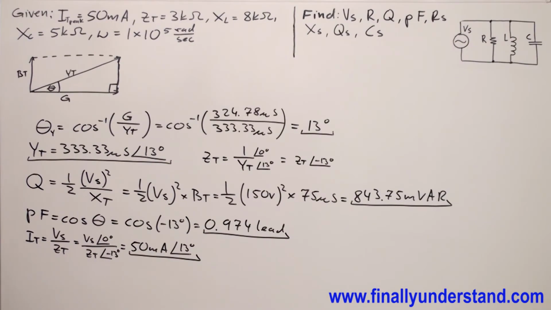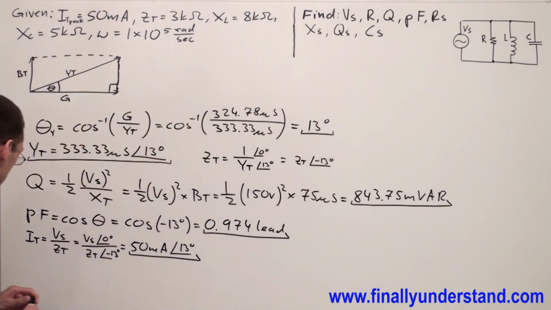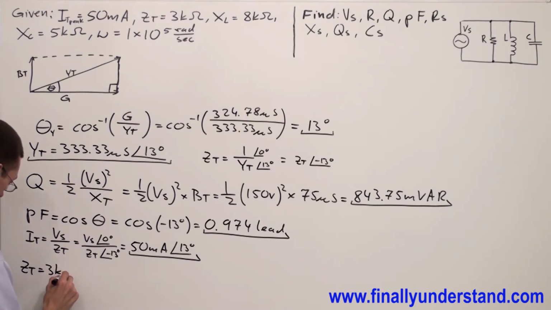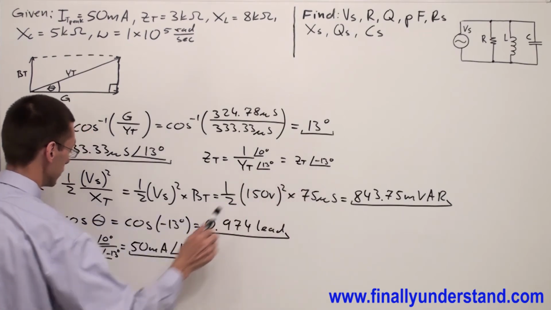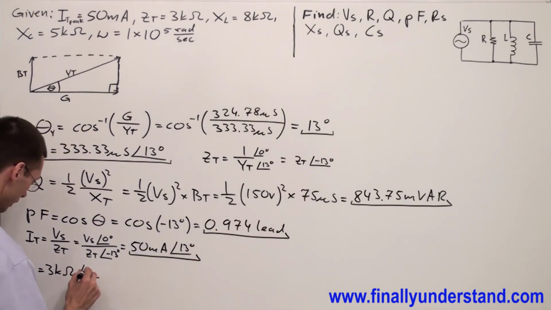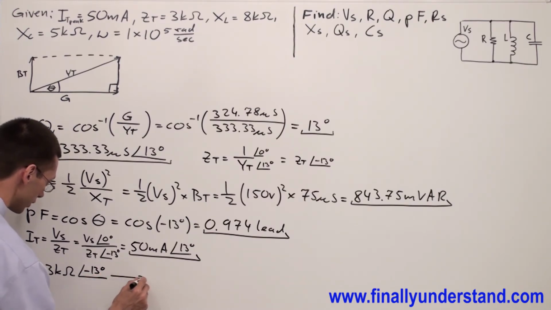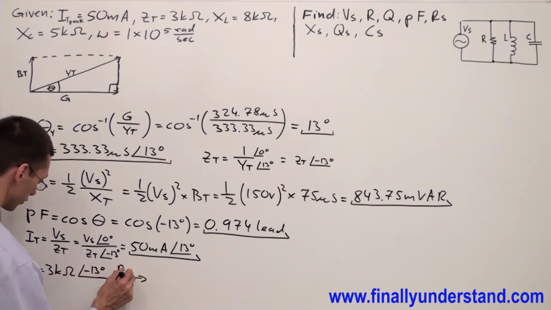Now we are going to find the series equivalent circuit. Simply write that Z total is equal to 3 kilohms, and we found that next to Z total we are going to have angle negative 13 degrees. So I have negative 13 degrees, and convert this value to the rectangular form.